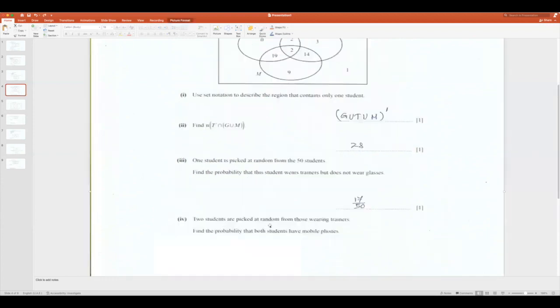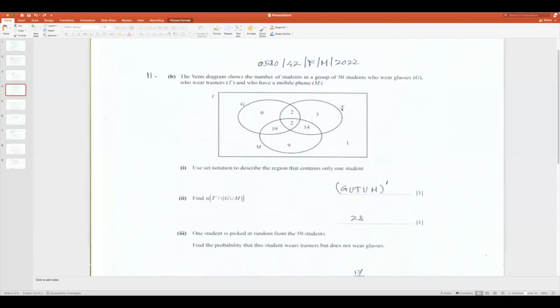Two students are taken from the trainers group. How much is the total? 14 plus 3 is 17, 19, 21. So there are 21 children, and we are taking two from this.